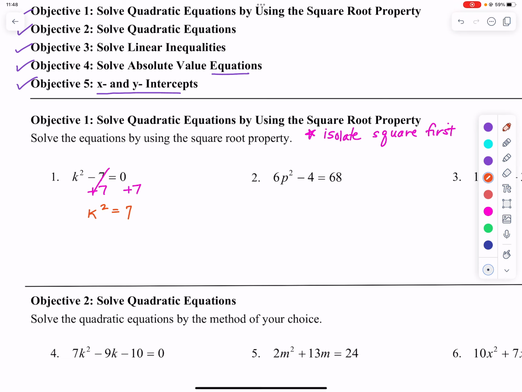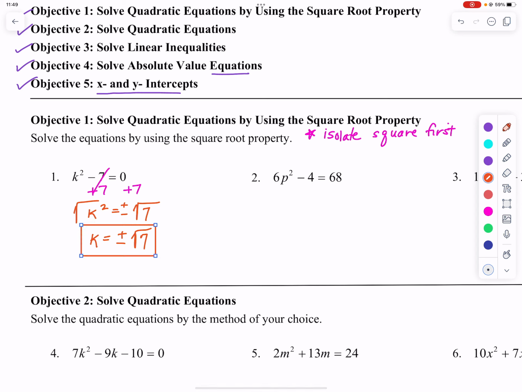Now we will take the square root of both sides, but when we take the square root of this side, let me erase that and move that over a little bit. We must put a plus or minus in front of it, any even root. So now we have k equals plus or minus the square root of 7.